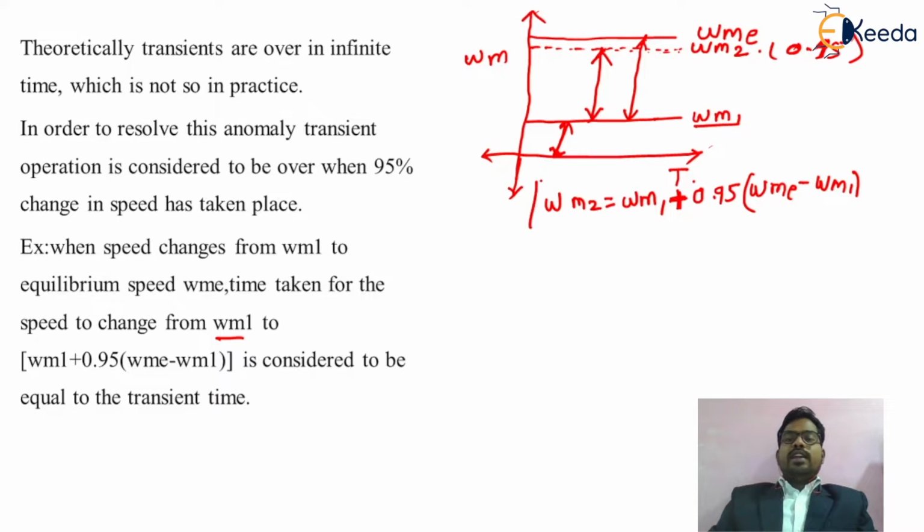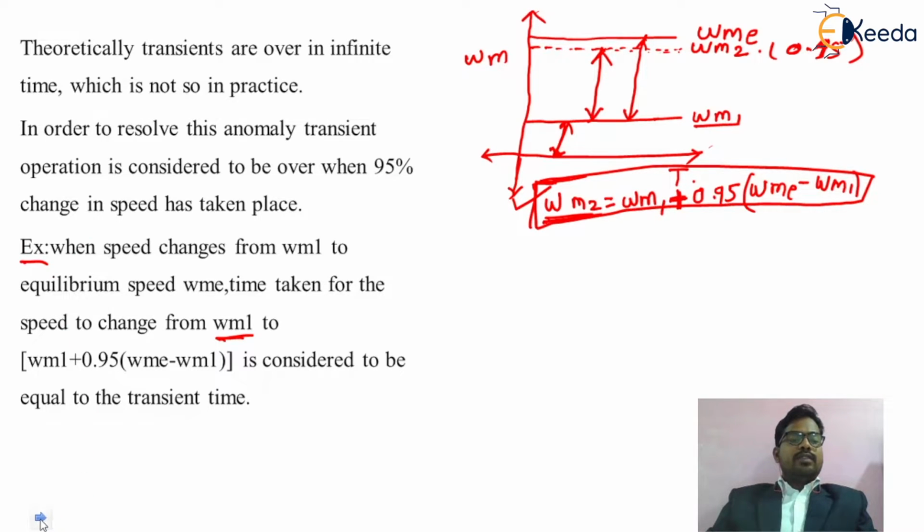This will be the required expression for the final speed of your transient state. This is equation number 2. Okay, so this is the concept.